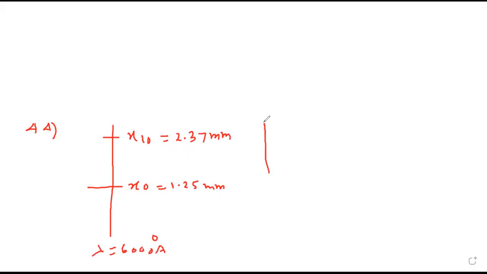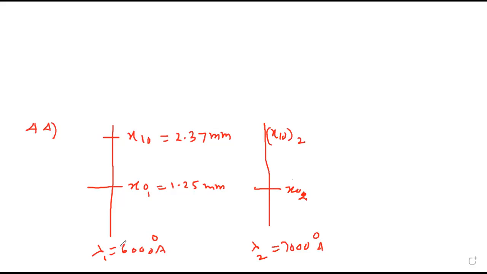If light of wavelength 7000 angstrom is used, then what are the micrometer readings for 0th order and 10th order? This is the case.